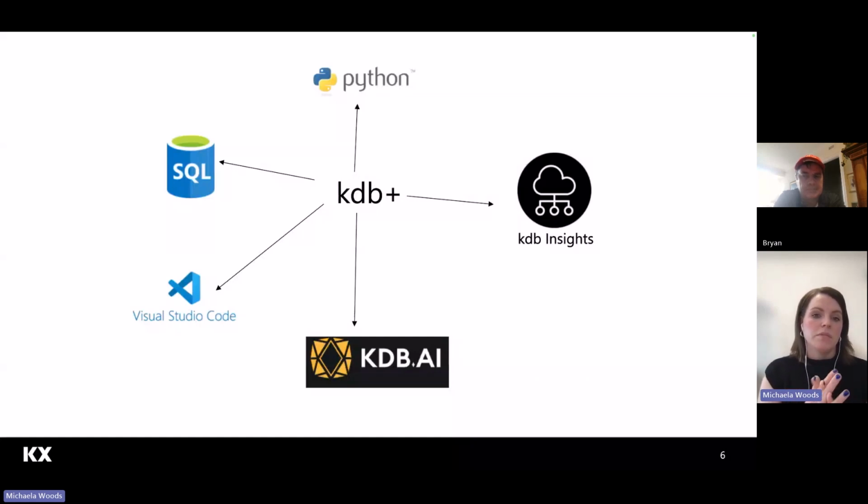So we really work with the cloud providers to take advantage of what they're really good at: scaling up in the cloud and all of the features, monitoring and management there. And then we bring a light touch, really performant database to their cloud platforms. So it's kind of a collaboration.